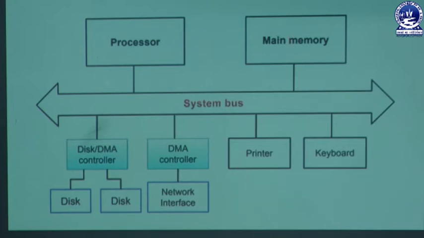Another piece of information given by the processor to the DMA controller is the word count. As I discussed in my previous lectures, when we transfer a huge amount of data, the data transfer takes place in blocks of words.